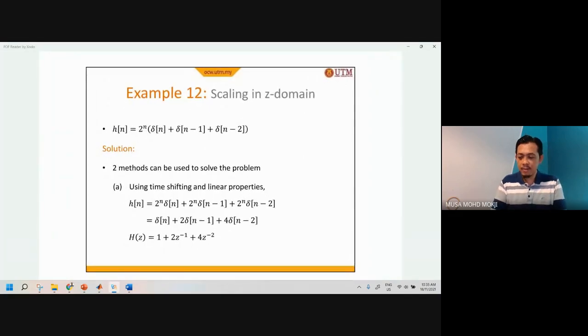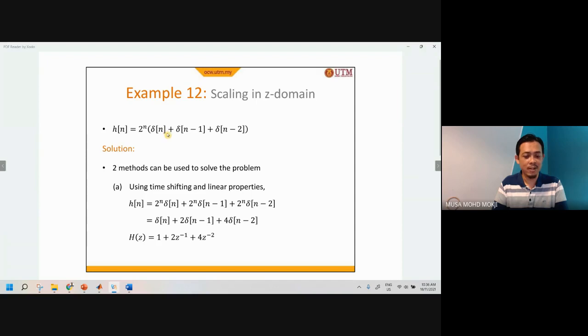Okay, this is another example on scaling. So h[n] equals 2 to the power of n times delta[n] plus delta[n minus 1] plus delta[n minus 2]. Try to focus on this one, because in our quick quiz, three of the answers made a mistake with delta[n].